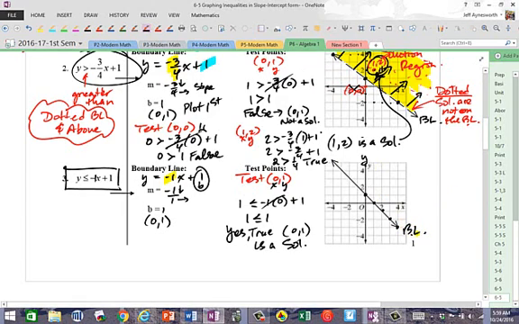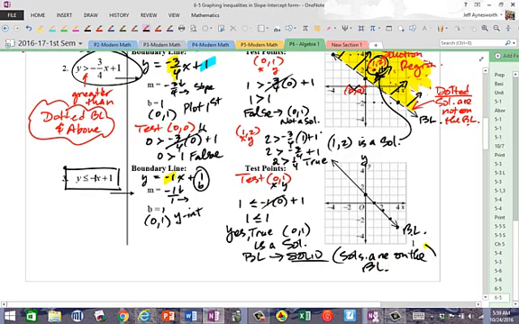And we tested 0, 1 because I got excited here. I wanted to test the y-intercept right here. And I found that the y-intercept is a solution. Because of that, the boundary line is solid. Okay, solutions are on the boundary line. That's what it means.